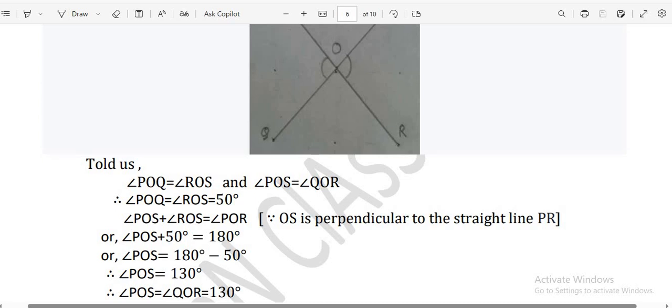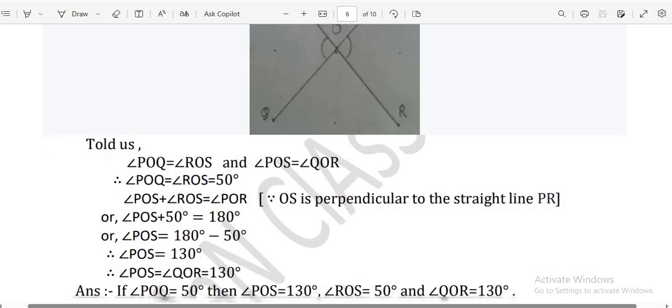Therefore angle POS is equal to 130 degrees, and angle POS is equal to angle QOR, which is 130 degrees.